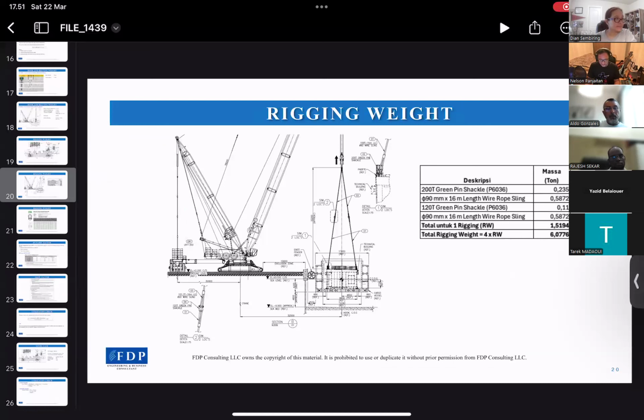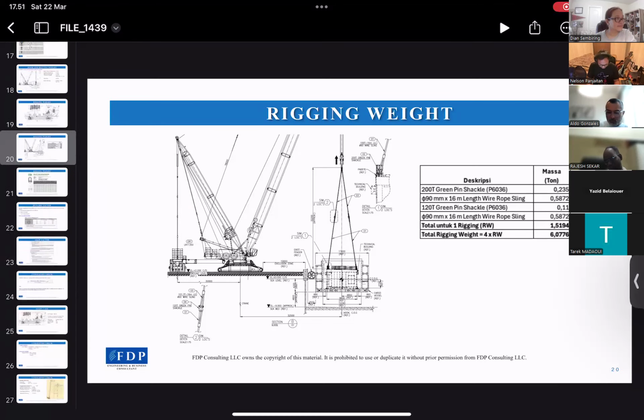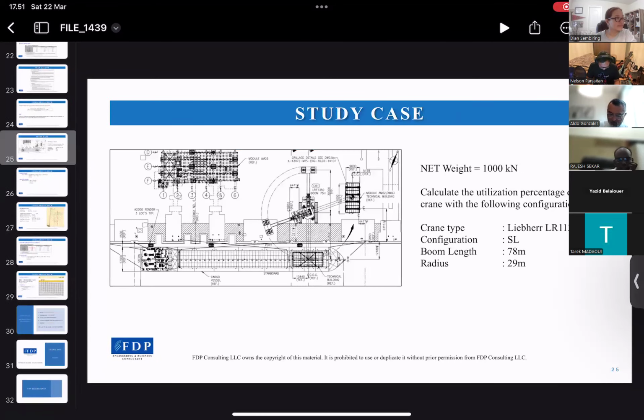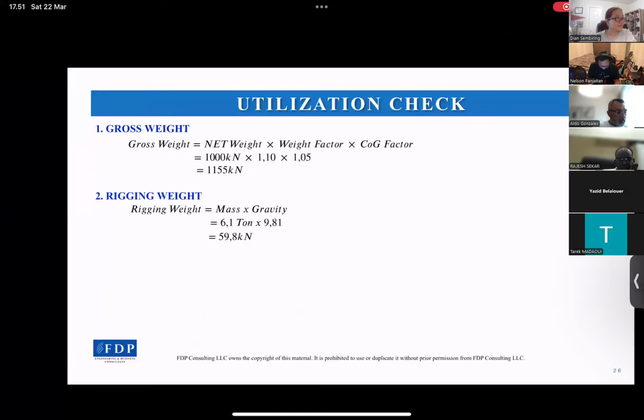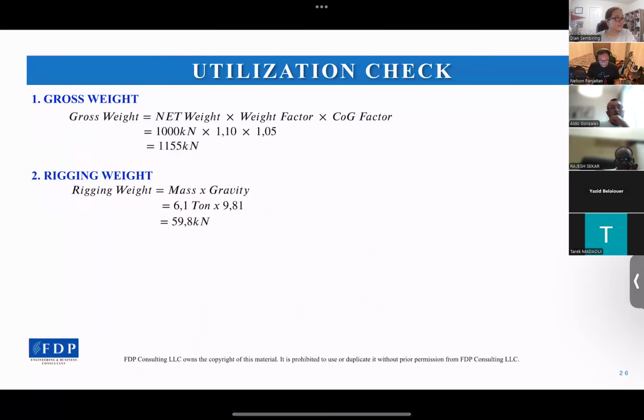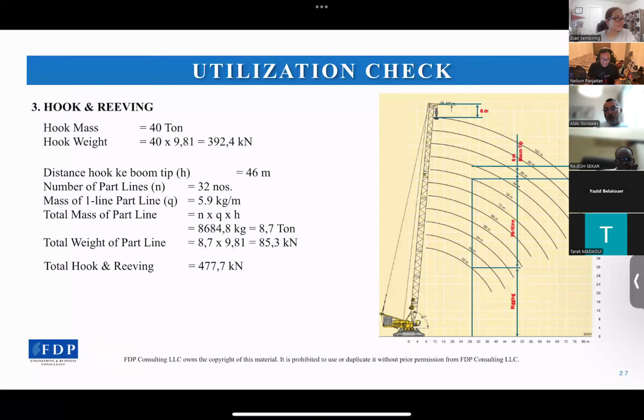And then to get the weight, mass times gravity, which is 9.81. Then we got the rigging weight is 59.8 kilonewton. Now we calculate the hook and reeving weight.